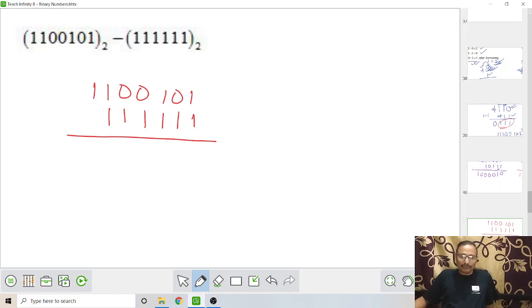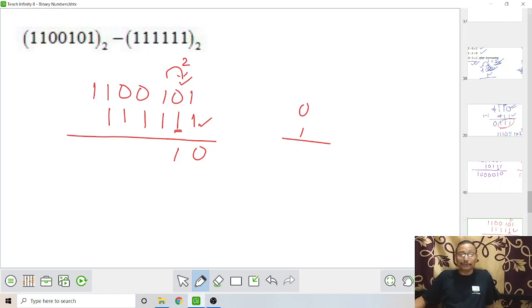Okay, so when 1 is subtracted from this one, it gives us 0, but when we think about this 0, 1 cannot be subtracted from this 0, so it will take a carry from this, and that carry will be equivalent to 2, so that after subtraction it will become 1, and at this place we will have 0. So if 1 is supposed to be subtracted from 0, we cannot do that.